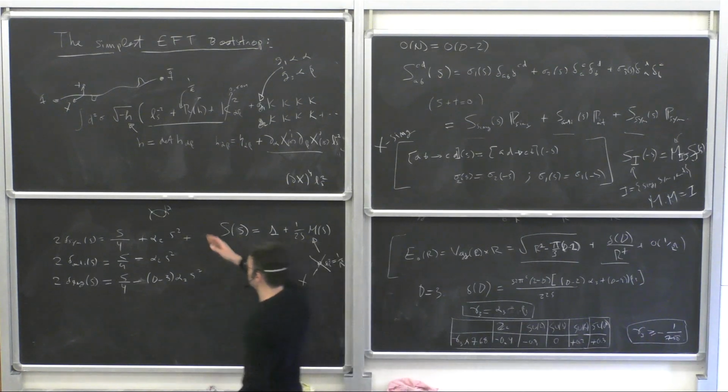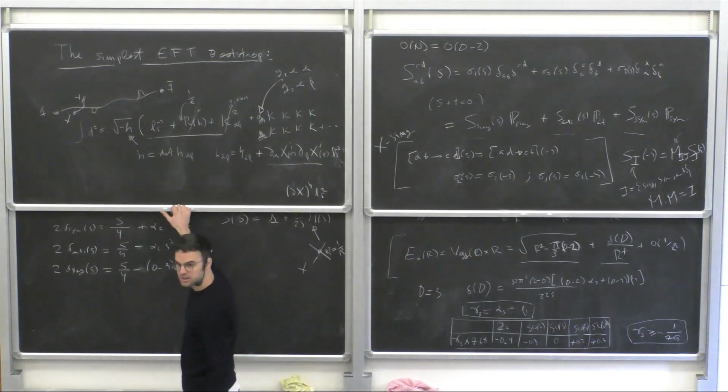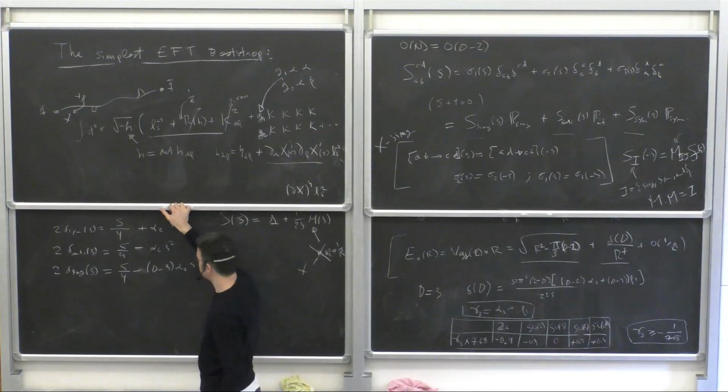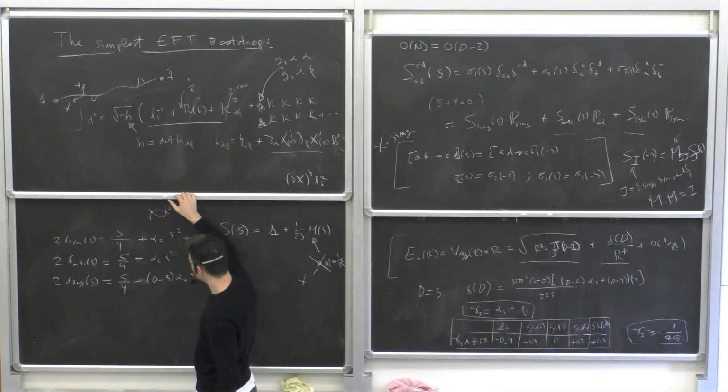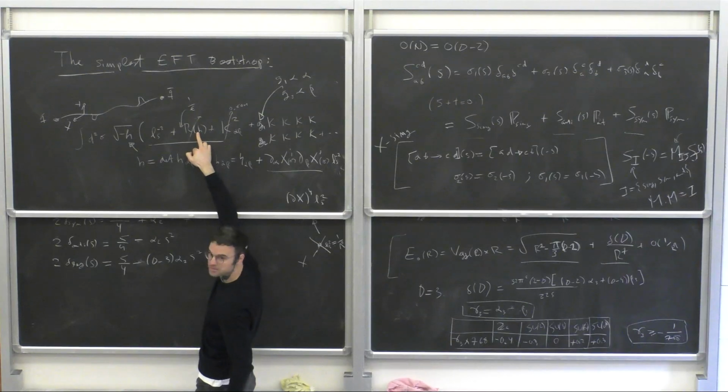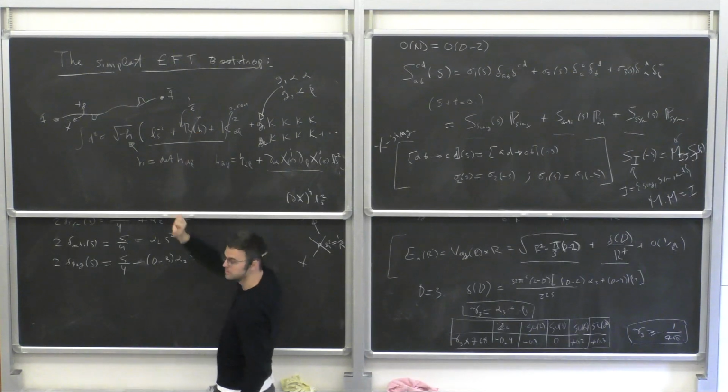I'm normalizing the action, but there's a simple counter term that you need to take into account in this calculation, which can be fixed by this operator here.